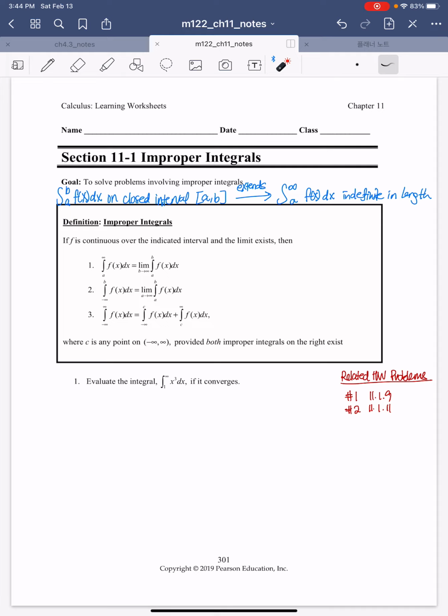So I'm looking at this. This looks like the very first case, where we have the lower limit defined and the upper limit not defined but infinity. So I'm going to rewrite this as the limit as b approaches infinity of the integral from 1 to b of x cubed dx.